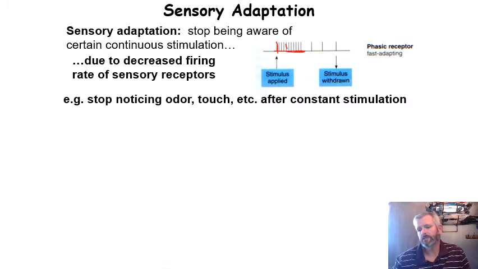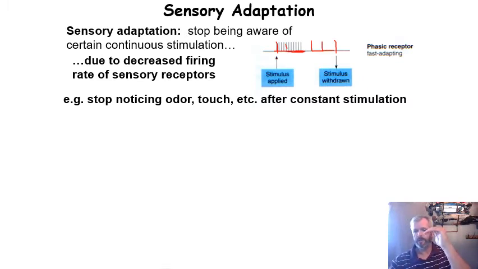But as the receptors adapt, the rate of firing of that sensory neuron to the brain is reduced. There is less firing, and now what signal is the brain getting? The brain can only put perceptions to different frequencies of action potentials.